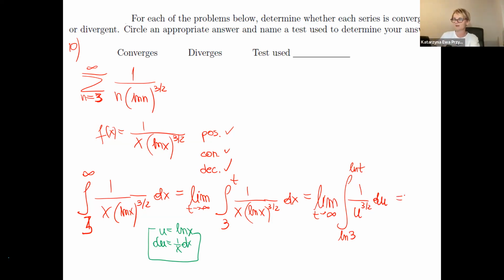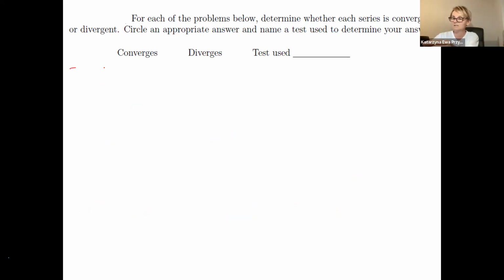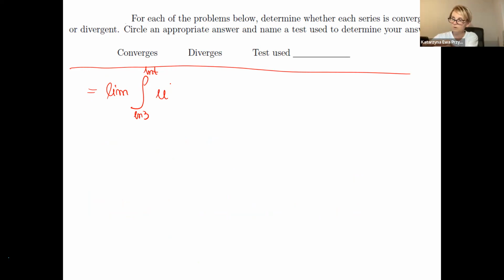What is this integral? 1 over u to the power of 3/2. Let's write it here: from natural log of 3 to natural log of t, it will be u to the negative 3/2. We know the answer because it's like a p-value, but let's prove it, just in case this is your written assignment, then we have to have all of the terms.